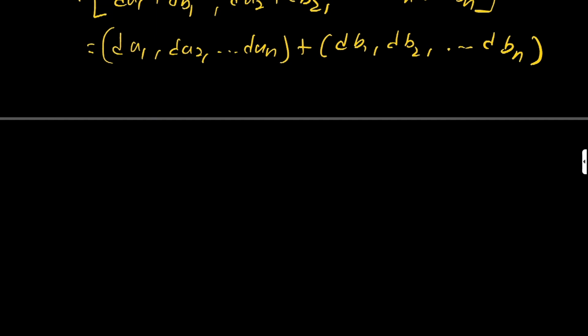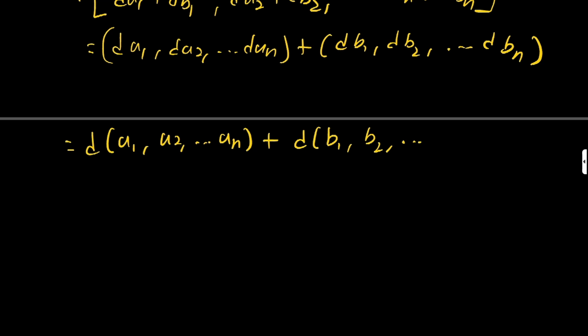From here, we simply notice that this is just going to be d times (A1, A2, ..., A sub n) plus d times (B1, B2, ..., B sub n). And this is just d times A plus d times B. And so we are good to go. 2 more to go, guys. Let's keep it going.